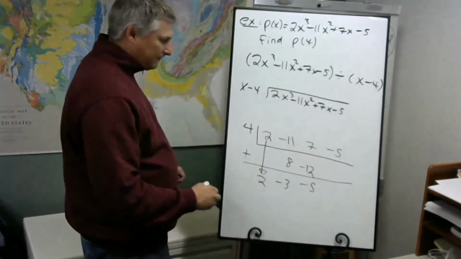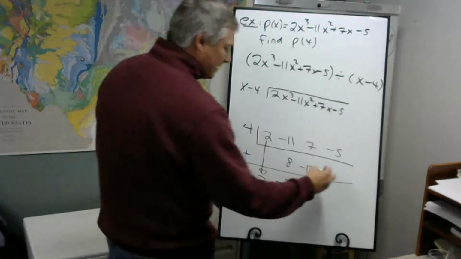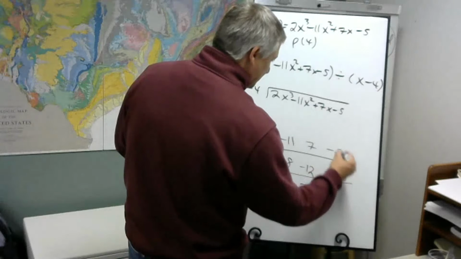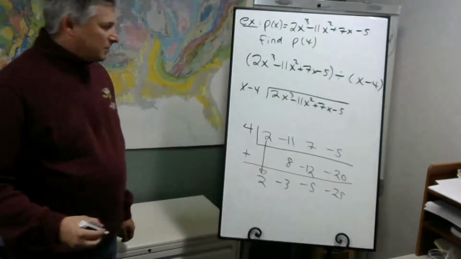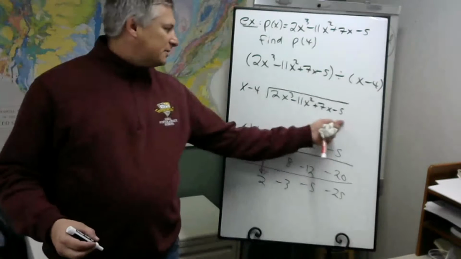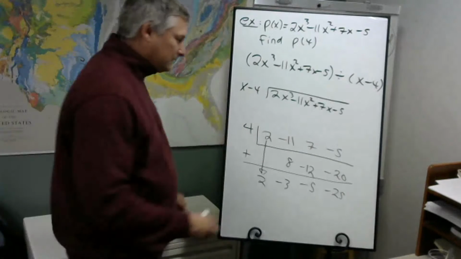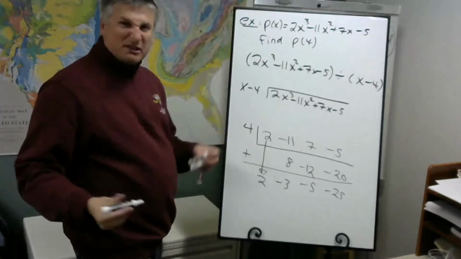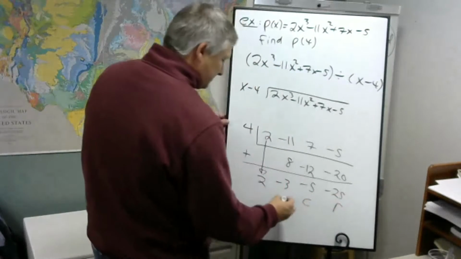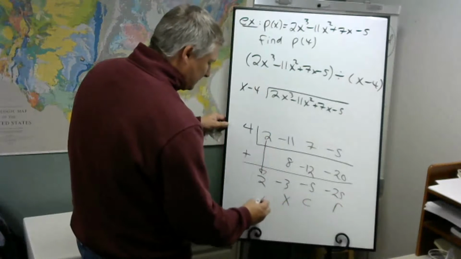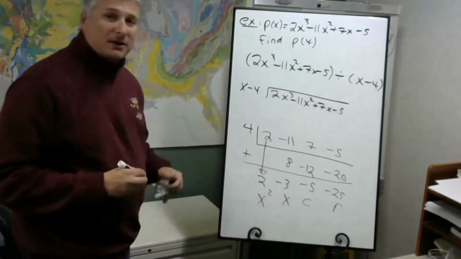Minus 5. 4 times minus 5 is minus 20. We add those, you get minus 25. So if we divide this by this, and use synthetic division to make it a little easier, this is our remainder term. That would be the constant term. That's the coefficient for x. And that's the coefficient for x squared.